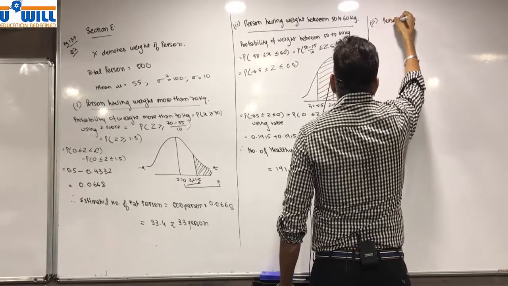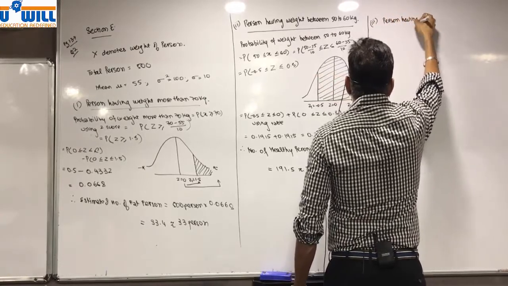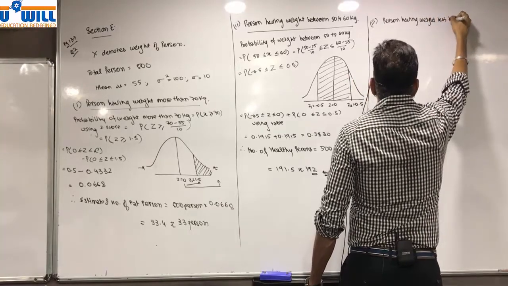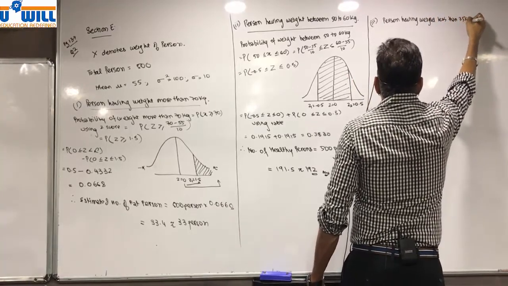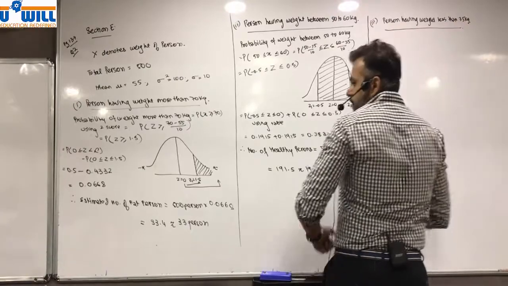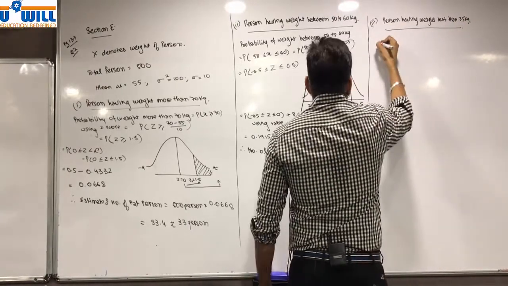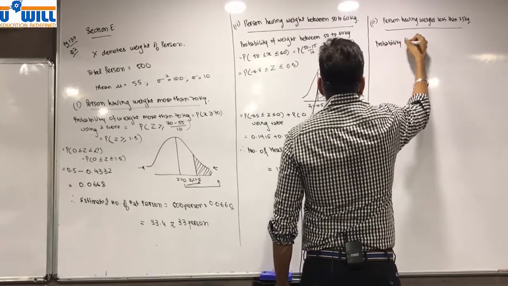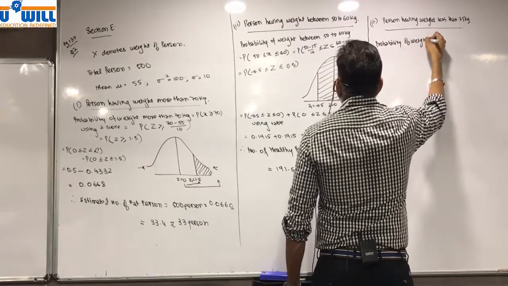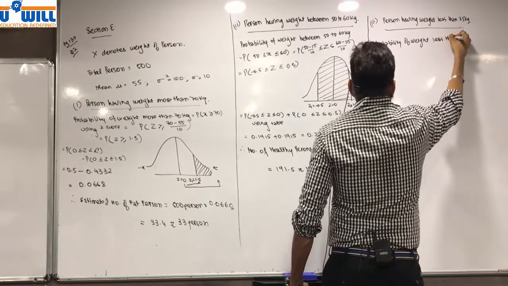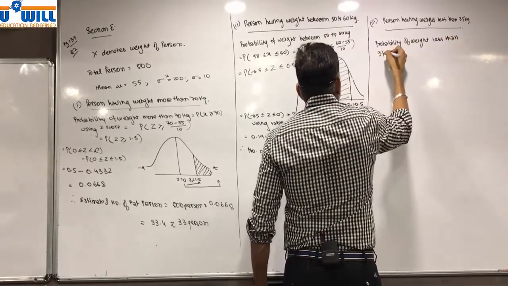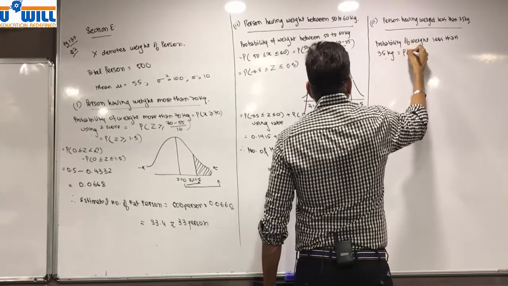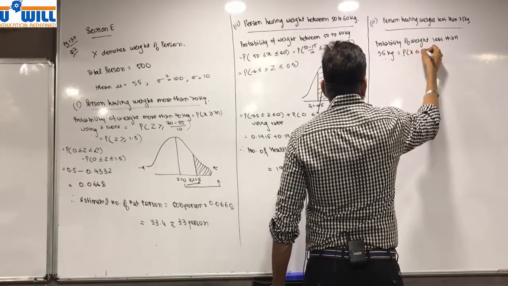Person having weight less than 35 kg. So the probability of weight less than 35 kg is equal to probability of x less than equal to 35.